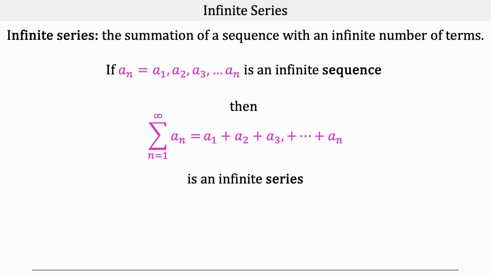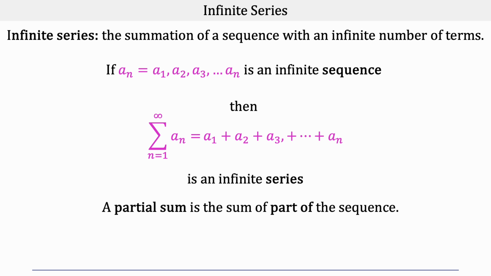That's a lot of adding. Sometimes you don't want to add an infinite number, so sometimes we do a partial sum. A partial sum is the sum of part of the sequence. For example, this is the third partial sum, and it's just the first three terms, A1, A2, and A3 added together.